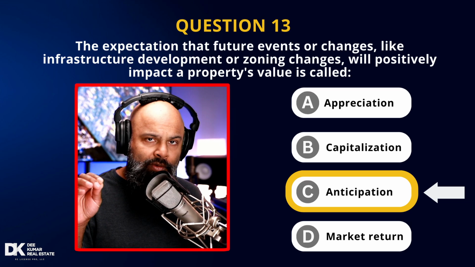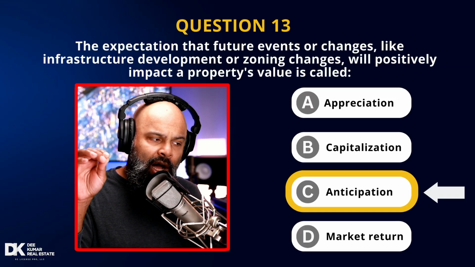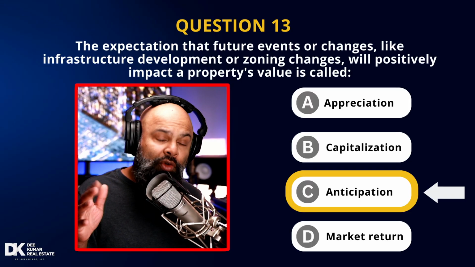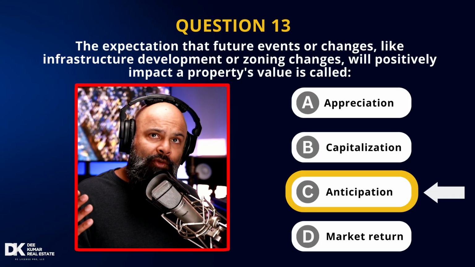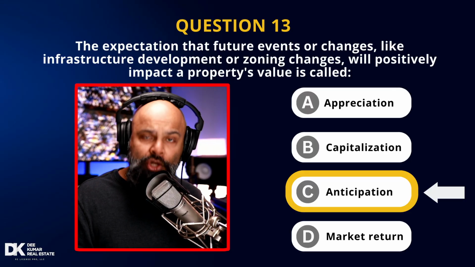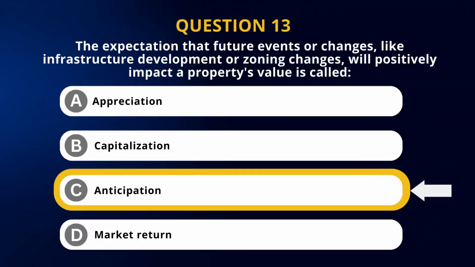So it's one of those economic principles of valuation, and you'll find them there in those chapters. So look there, you'll find them among other vocab phrases, things like regression and progression and substitution, highest and best use, just to name a few, but learn anticipation because it could come up as it did in this question.